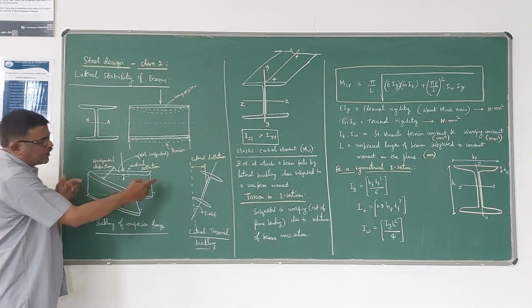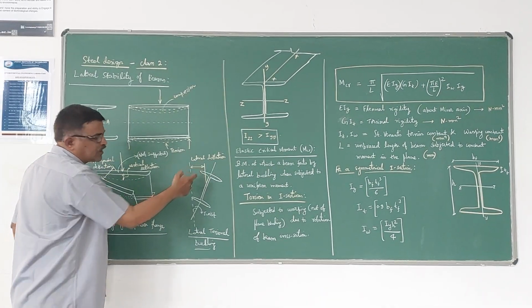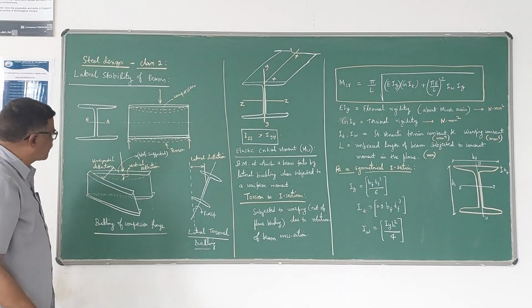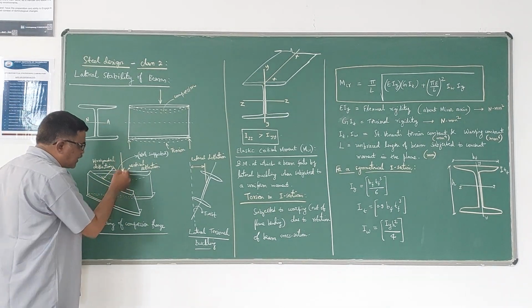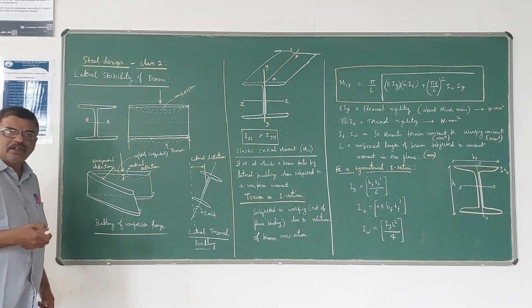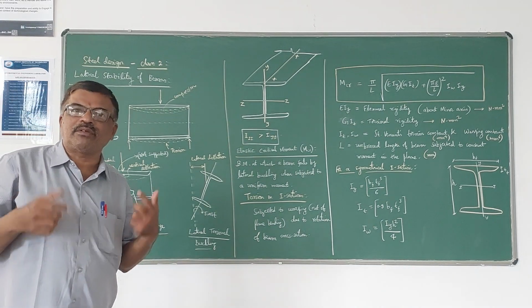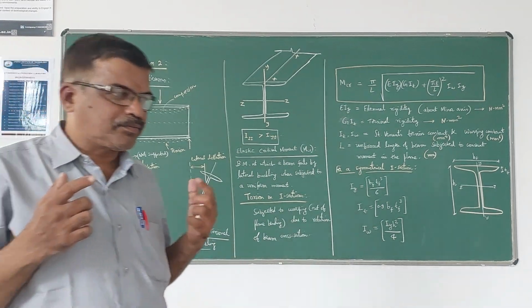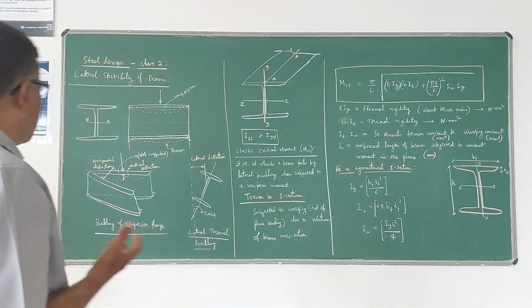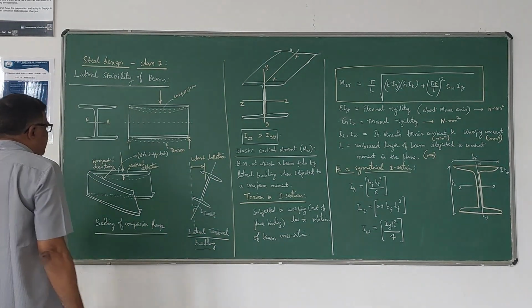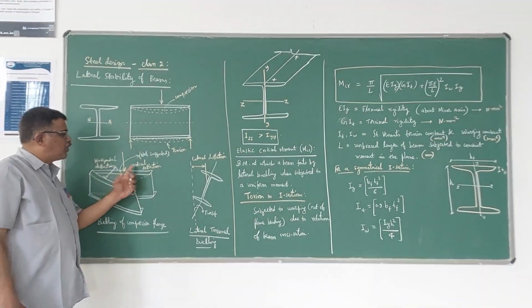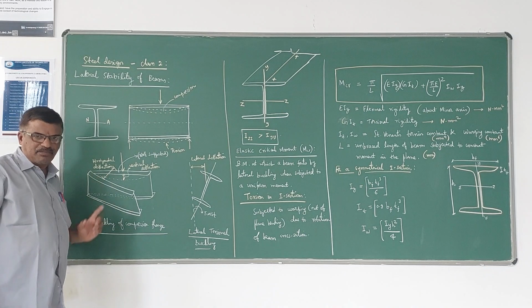In the plan, you can see that lateral deflection can also be called horizontal deflection, and vertical deflection is like this. So when the compression flange of the beam is not supported or restrained, the beam will be subjected to both vertical and horizontal deflections.